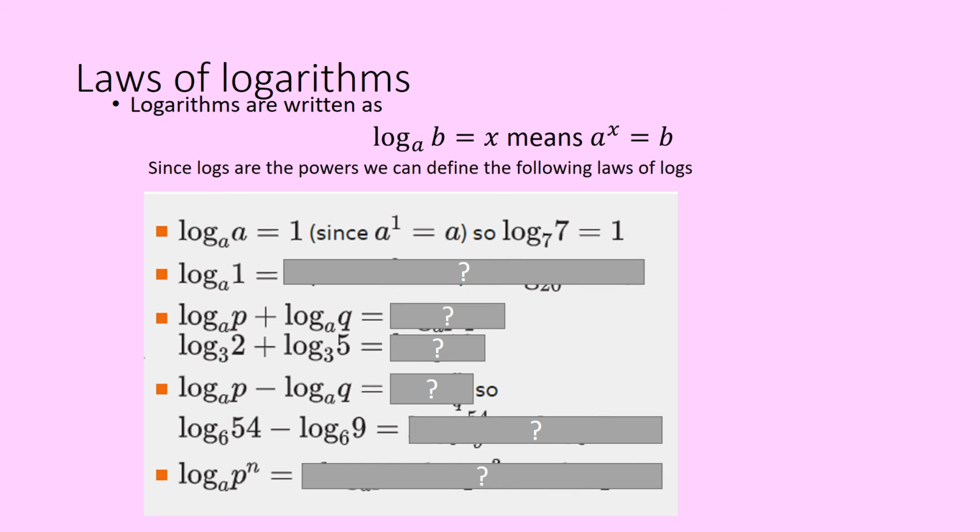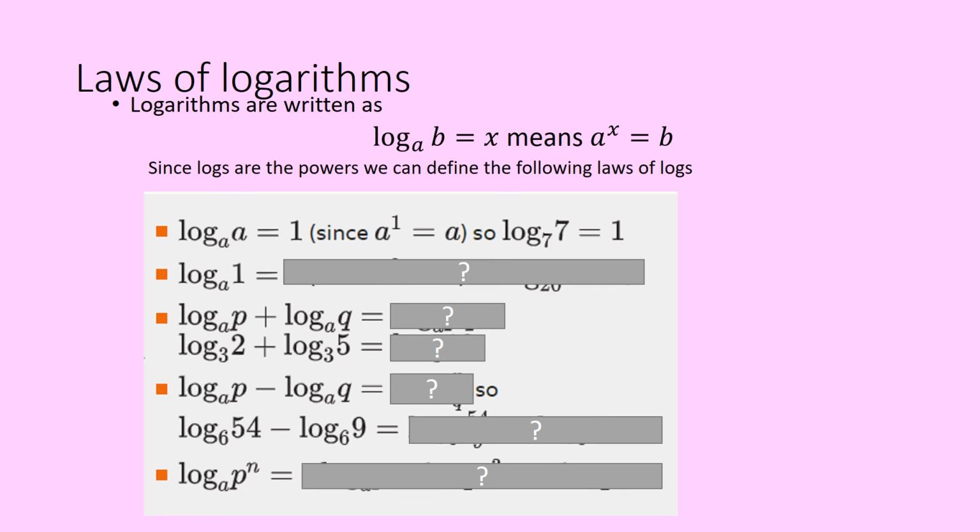The second law of logarithms, let's have a look at log base a of 1. So this means, what do we raise a to the power of to get 1? Well, if we remember from our law of indices, anything to the power of 0 is 1.